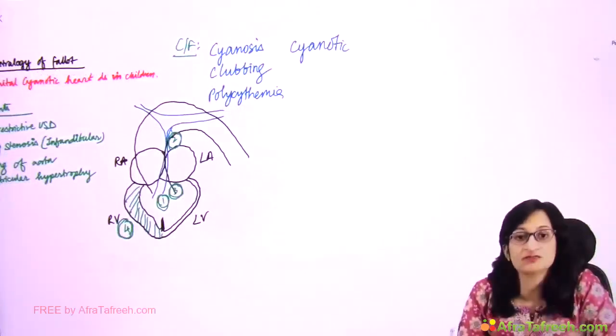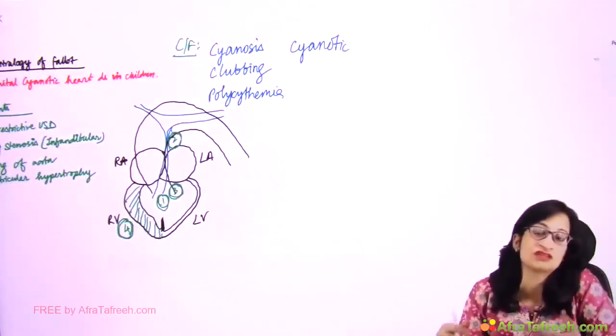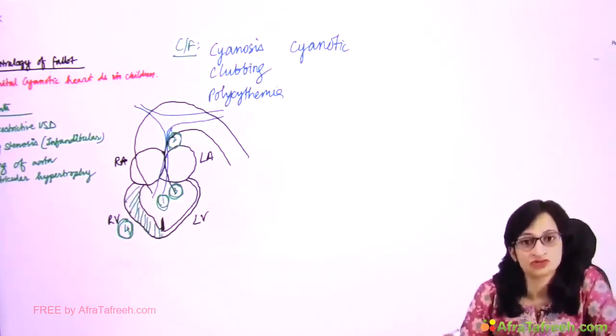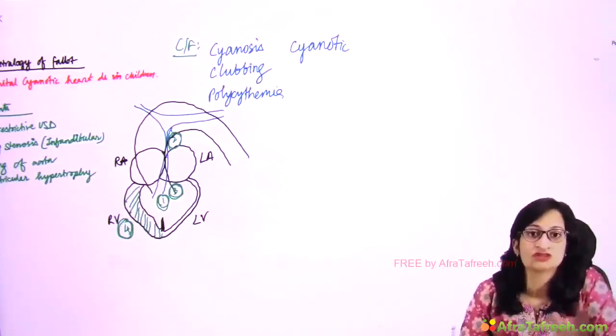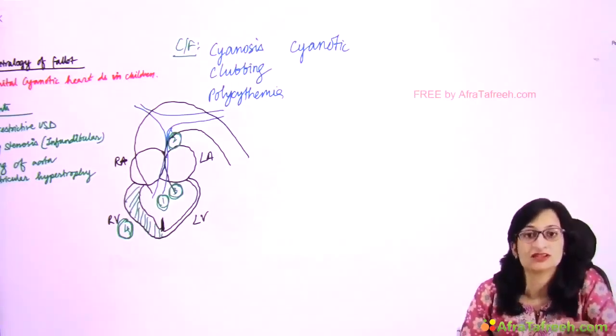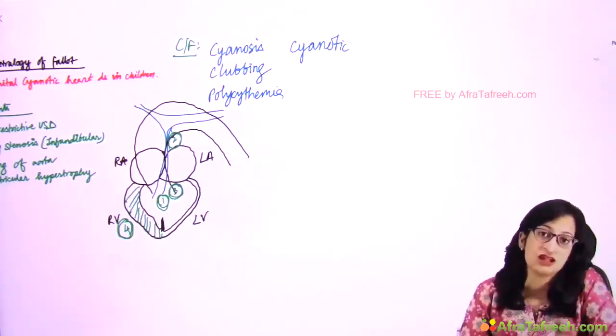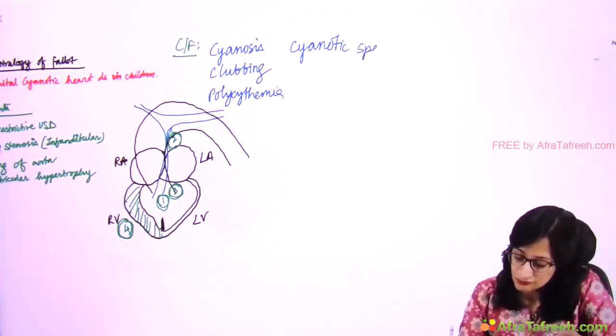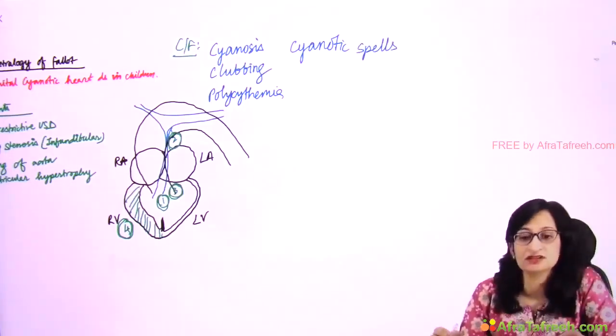Cyanotic spells are certain periods of time when the cyanosis becomes more severe. The child also has respiratory distress at that time. We'll discuss it in more detail because you also need to know the management of a cyanotic spell. There have been questions on that.